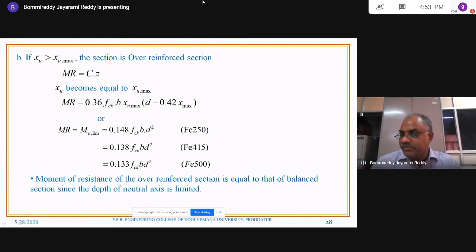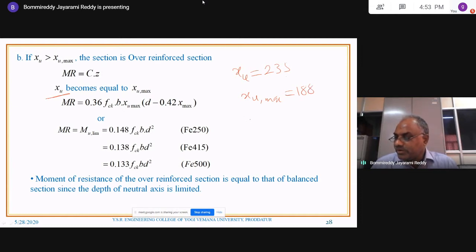It is under reinforced. Next one, if XU is more than XU maximum, the section is over reinforced section. When it is over reinforced section, moment of resistance is C into Z, and XU will become XU maximum, because even if the value of XU is more, the XU value is going to be limited. For example, XU will be equal to 235 and XU maximum will be equal to 188.